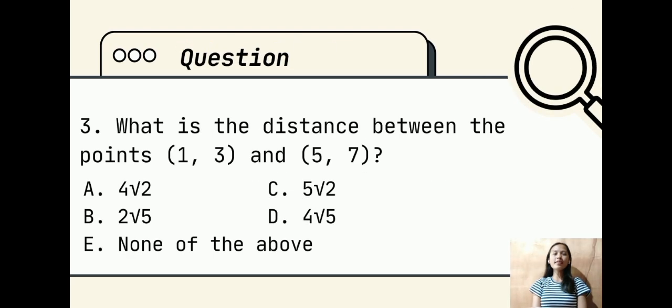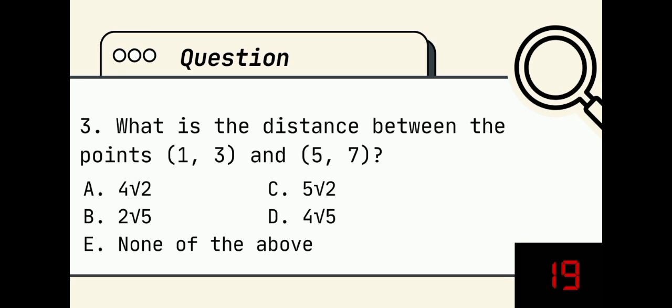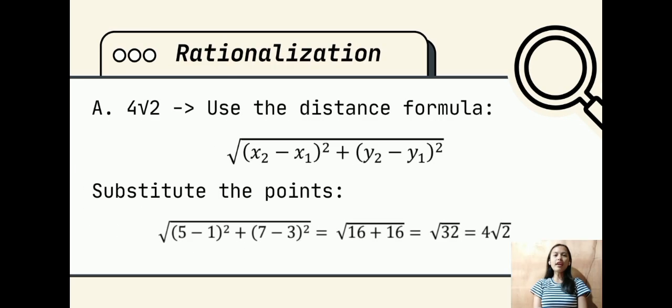Number 3. What is the distance between the points (1, 3) and (5, 7)? A. 4 square root of 2, B. 2 square root of 5, C. 5 square root of 2, D. 4 square root of 5, E. None of the above. The correct answer is letter A, 4 square root of 2.